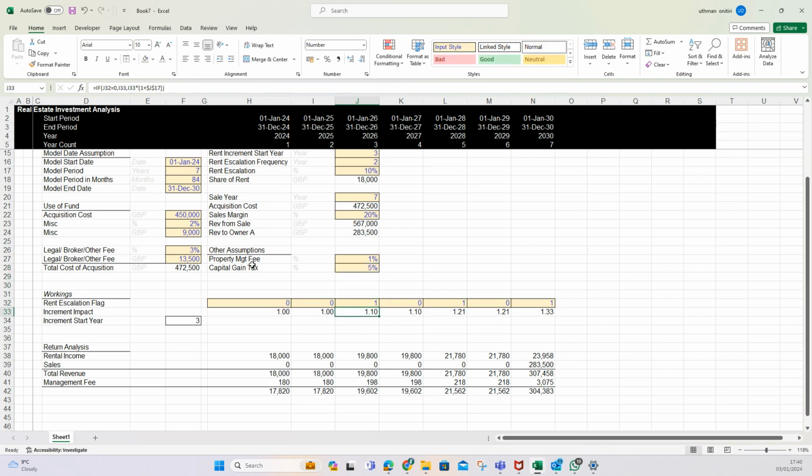So capital gain tax here is going to be administered on the profits. So, oh no, that's a mistake.